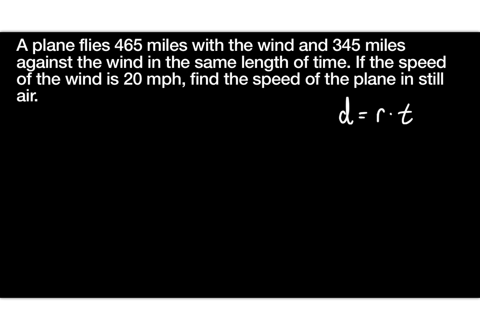So the rate and the distance, 465 miles, equals rate. Which one is this? With the wind? Yes. Rate plus 20. So with the wind at your back, you're going to go faster.